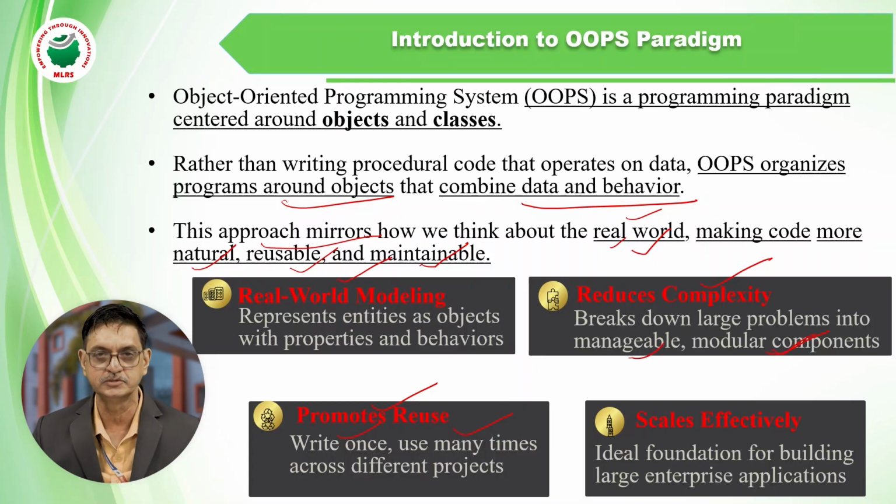It need not be the same project, because we developed the code based on a real world entity. A real world entity can appear across many projects, so the same code can be used across different projects. That is one of the main features of OOPs concepts.